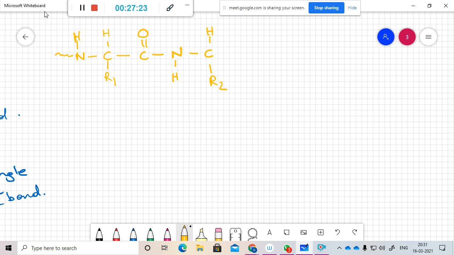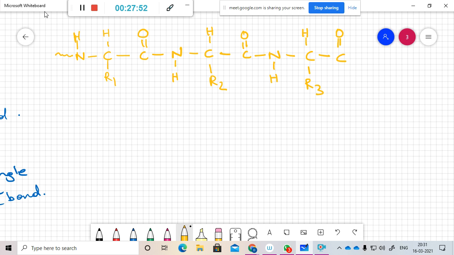Here is R2. Then we are drawing the next amino acid, CO, NH, CH, this is R3.